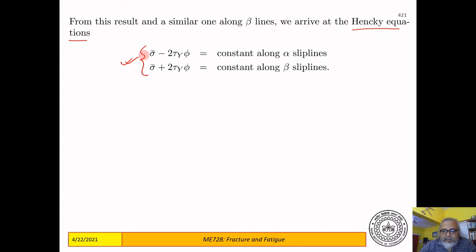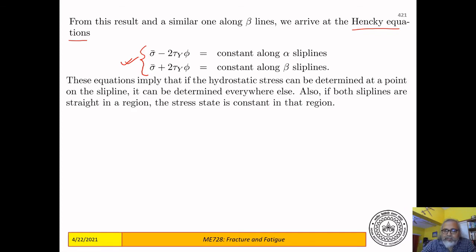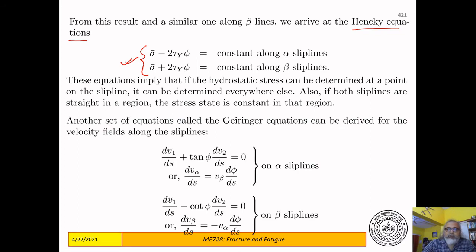We have another set of slip line equations which are called Geiringer equations. These Geiringer equations connect the velocities, or change in displacement, along the slip line fields with each other. So along the alpha slip line fields, you have this as the connection between phi and the velocity.